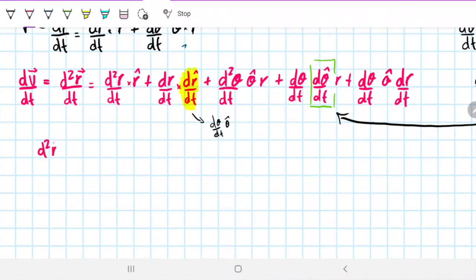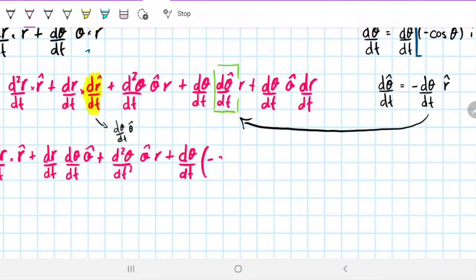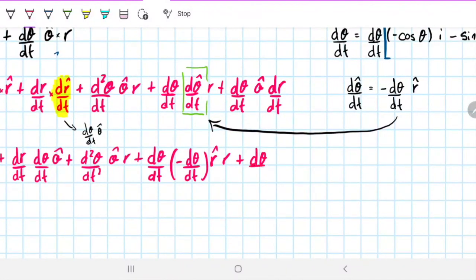The second derivative of the position in respect to time equals the second derivative of the scalar r in respect to time times r hat, plus how r is varying with time, d theta dt theta hat, plus the second derivative of how theta is varying with time, theta hat r, plus how theta is varying with time, and this I'm going to substitute by minus d theta dt, so it's going to be squared there, times my r hat times r, plus how my theta is varying with time, my theta and d r dt.